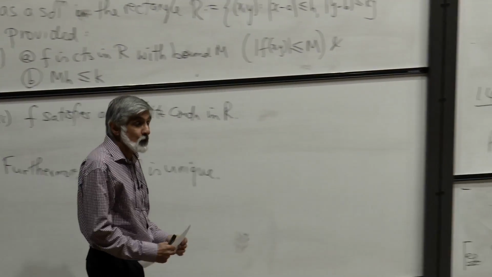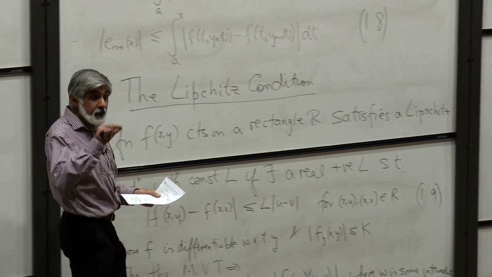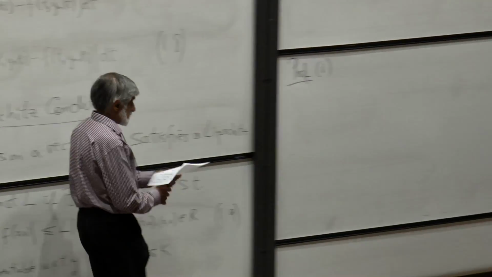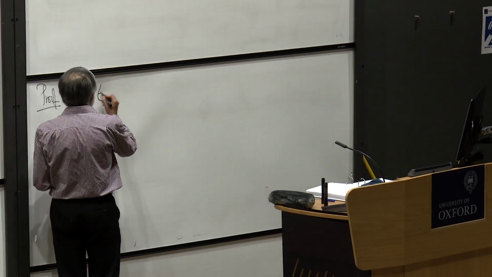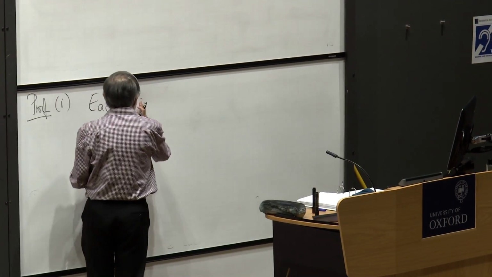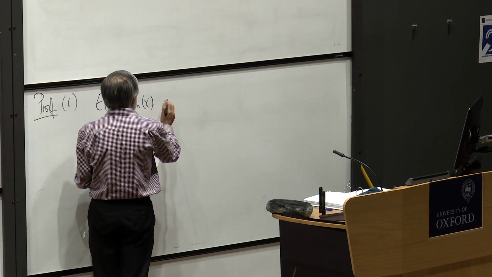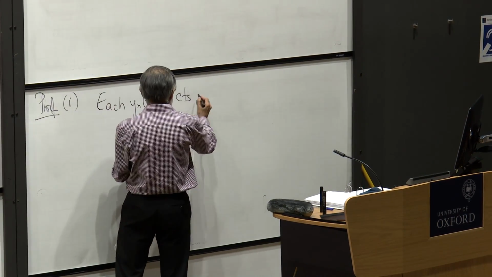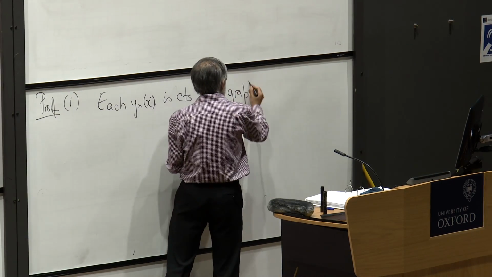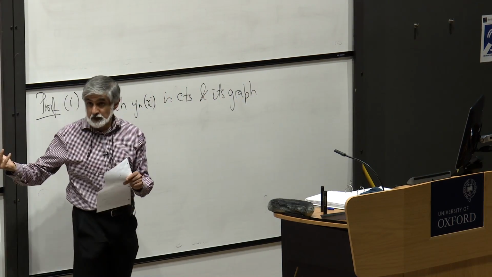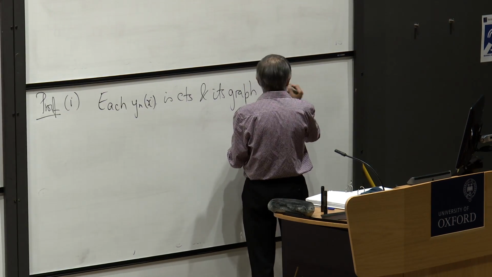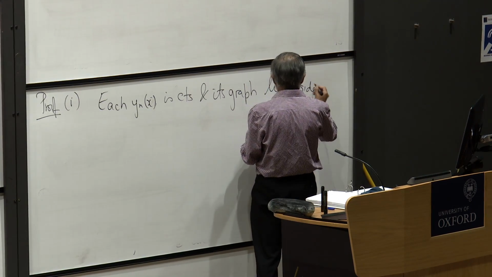So the first thing to do, we need, hopefully, yn to lie in R. So each yn of x is continuous, and its graph, which basically means its values, that's what this graph means, lies inside R.